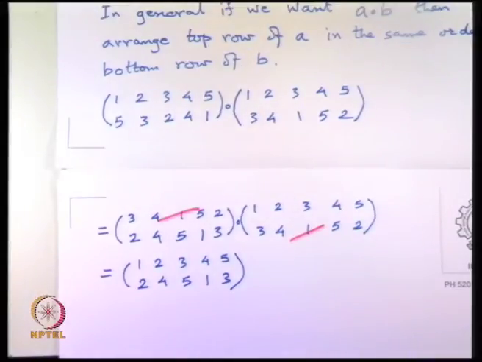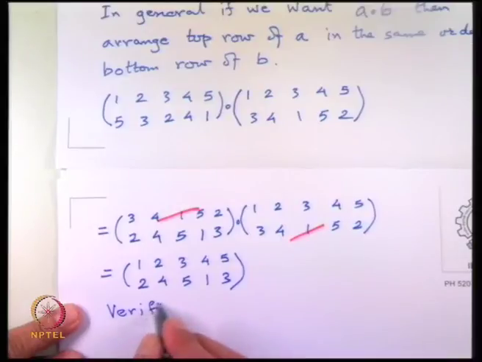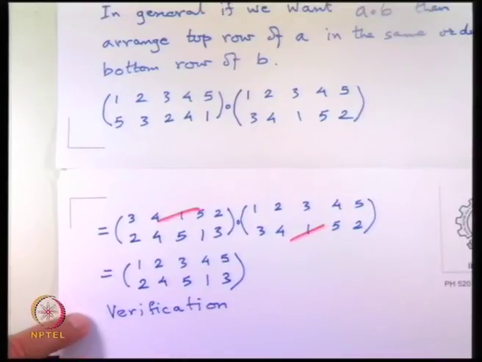Now how do we verify that this is correct? So one way to think is that you could have drawn it like this. Instead of committing yourself to any notation, just go back to basic enumeration or representation.